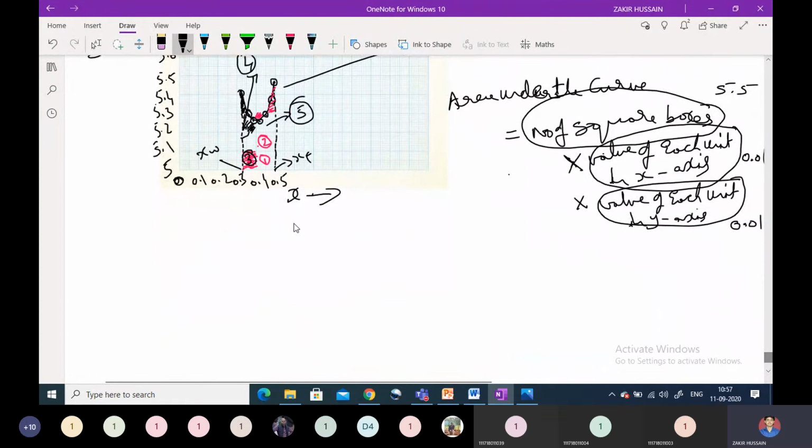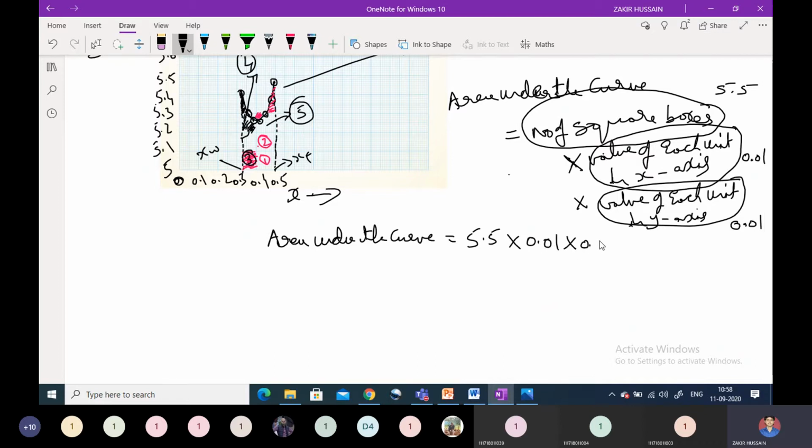Then you can calculate from this curve: area under the curve is equal to the number of square boxes, 5.5, into 0.01 into each unit in the y-axis, which is this one. So 5.5 into 0.01 into 0.01.